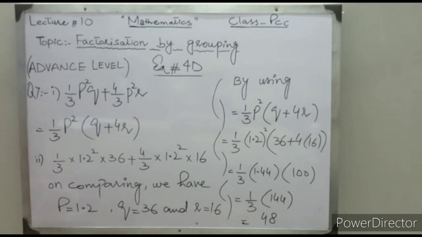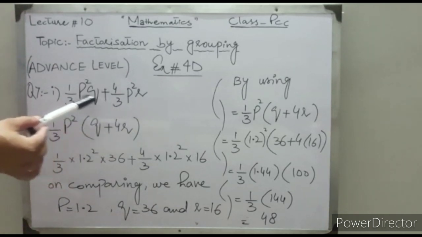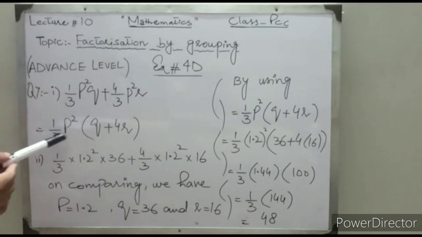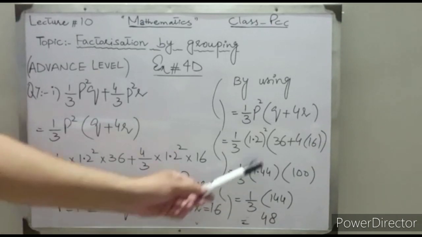So once again we will use the final answer of part 1, which is 1 by 3p square into q plus 4r. Now substitute the values of p, q and r in this expression.